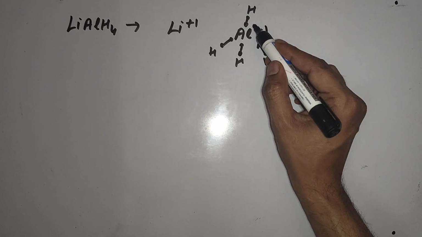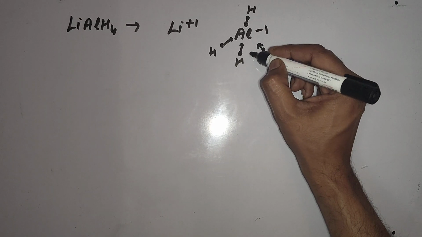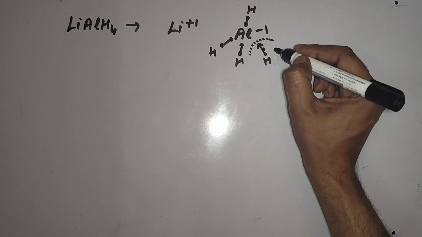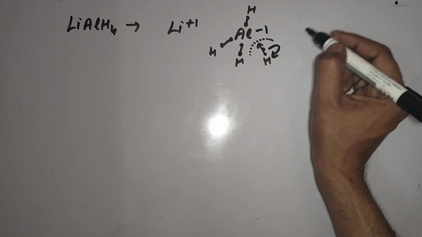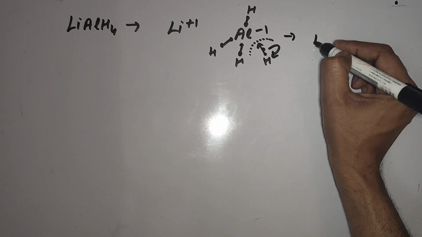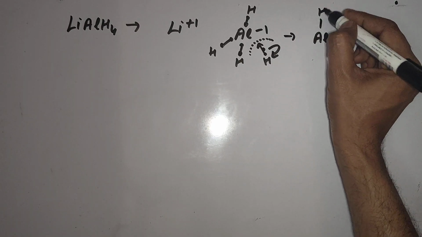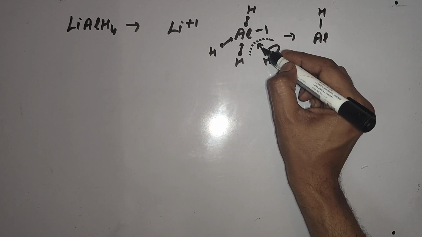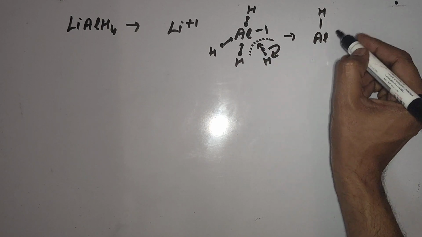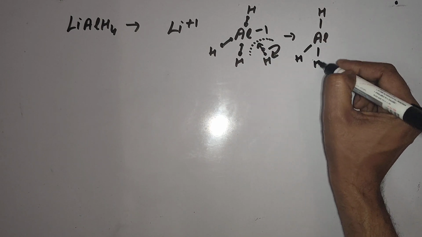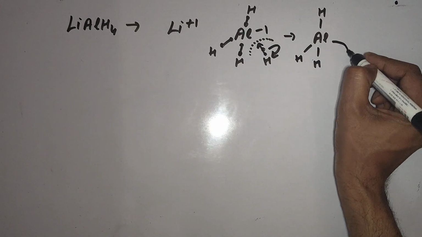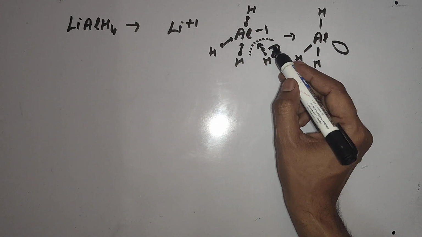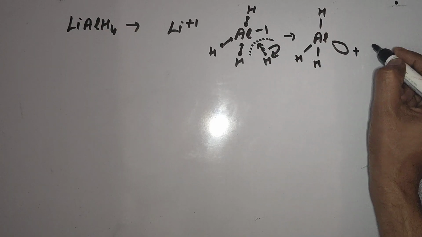During the reaction, because aluminium is unstable, what will it release? Hydride. Because hydrogen is more electronegative than aluminium, both electrons will go toward hydrogen. Now because aluminium is losing an extra electron, the negative charge of aluminium will finish, and at the place of this bond a vacant orbital will be generated, and this hydrogen will release out as hydride.